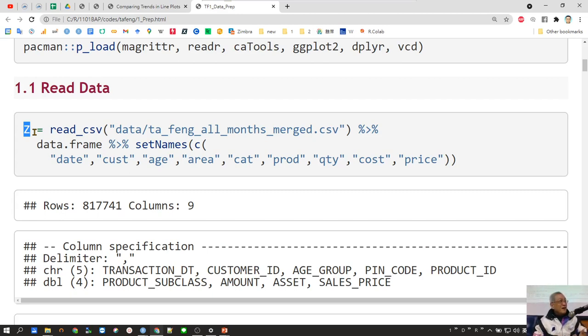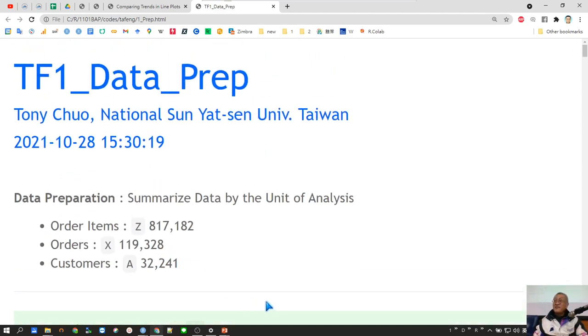I always call the raw data Z. That is important: if you do business analytics all the time, you had better have a convention. For me, I will always name the raw data Z. And usually the Z data set is the per item data.